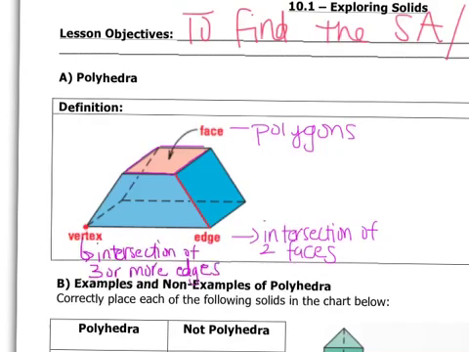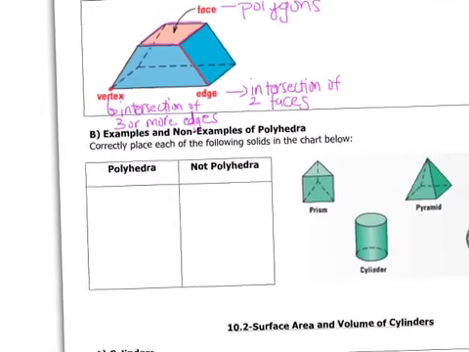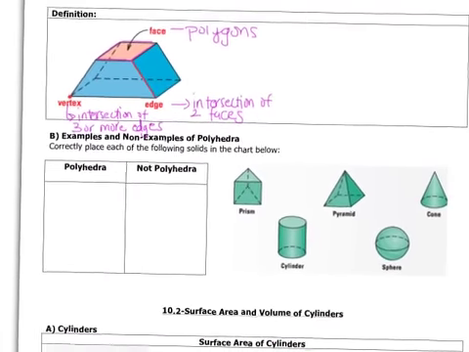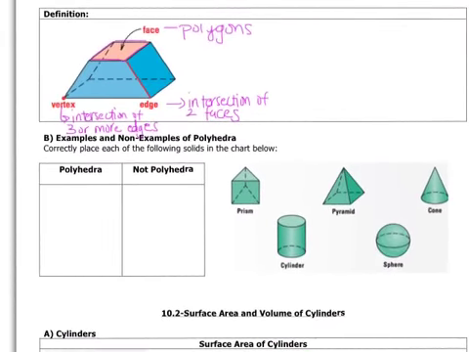What we are going to look at next are examples and non-examples of polyhedra. So we are going to take the ones that are listed and correctly place them in the chart. First we have a prism.